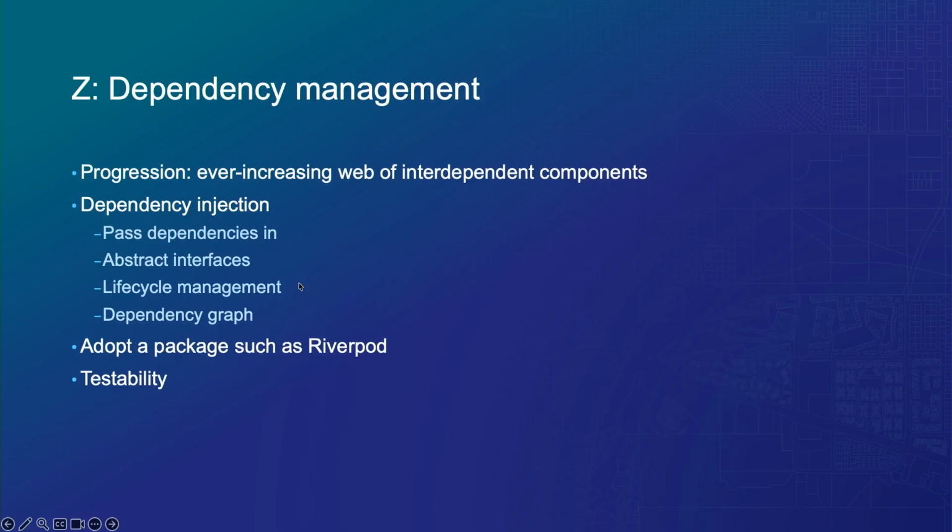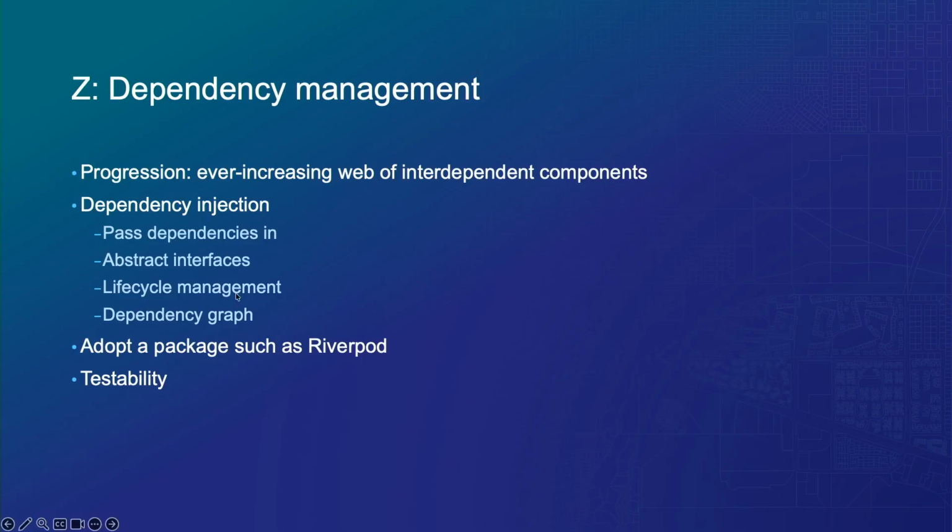When the responsibility to create a dependency has been moved outside of an object, that responsibility will have to be taken up by some kind of provider object, something that provides an object with its dependencies. The provider has to manage the lifecycle of all the dependencies, which is when those objects are created and when they're destroyed.